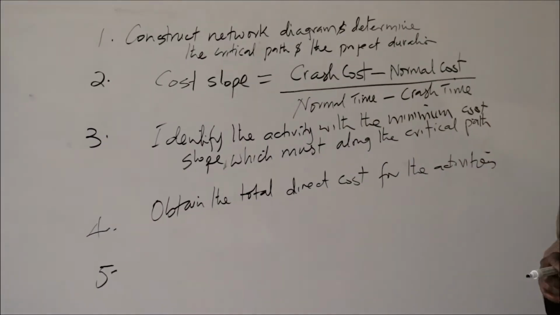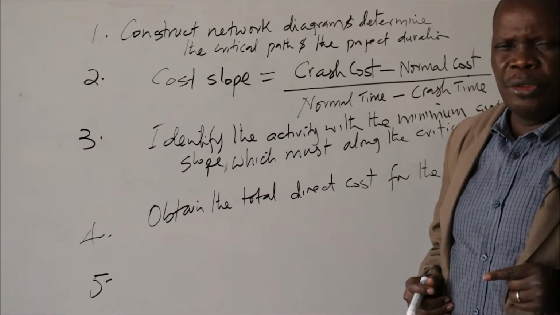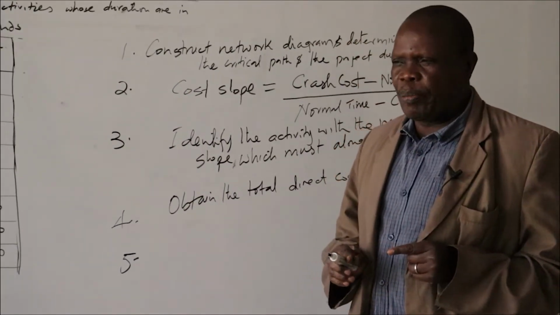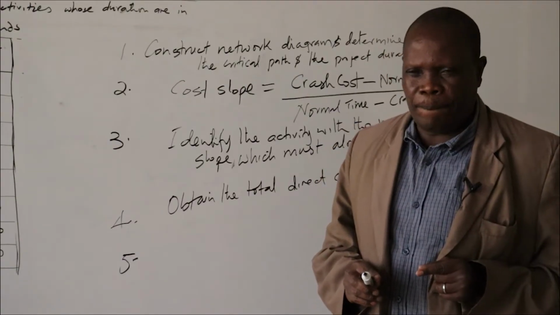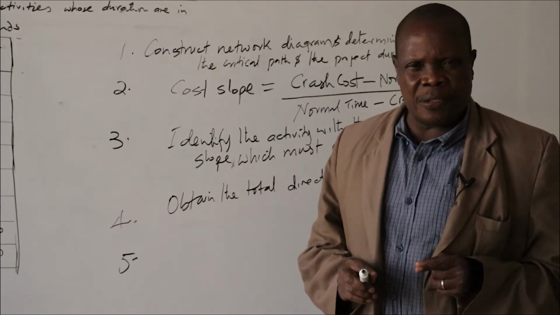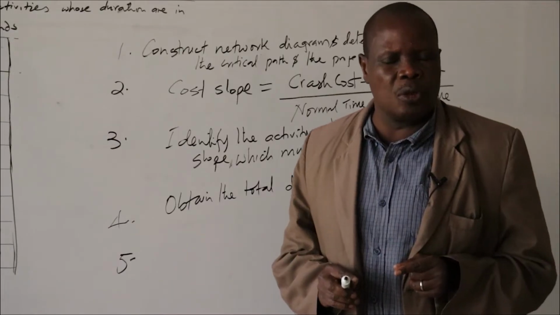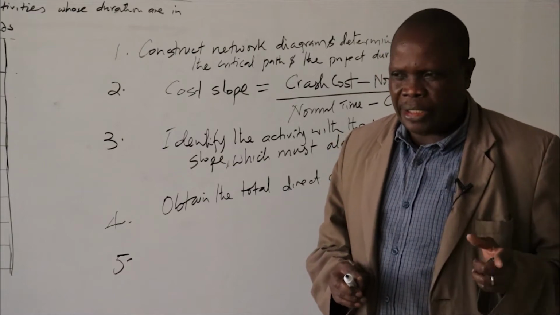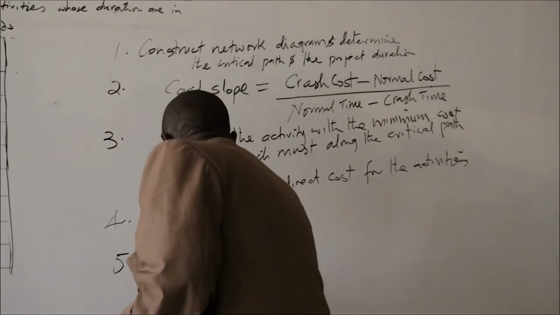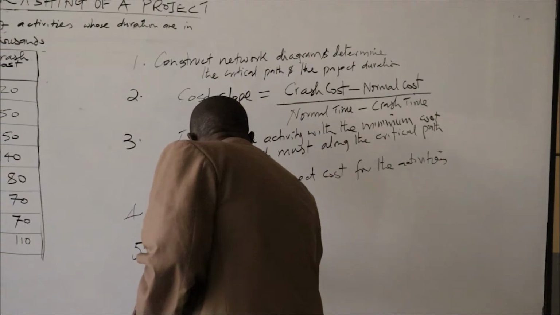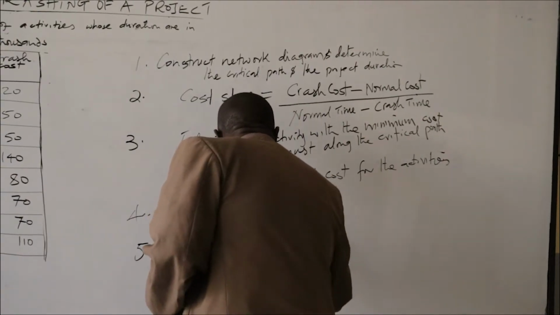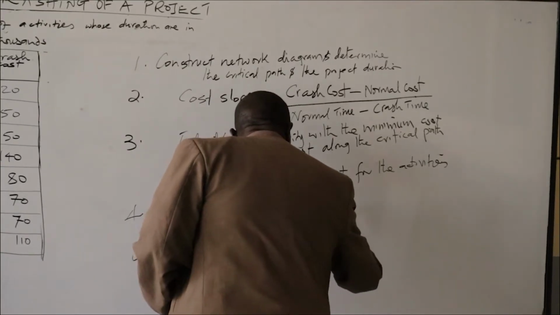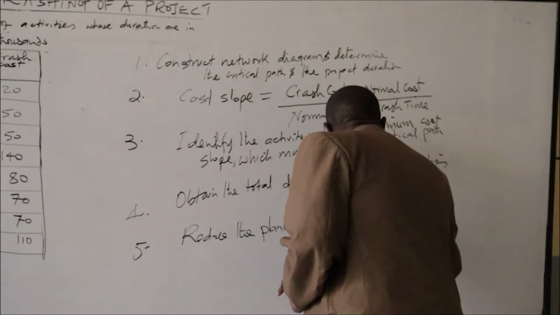Step number 5 is to reduce the planned activity duration based on the minimum cost slope, which has been obtained from the critical path.